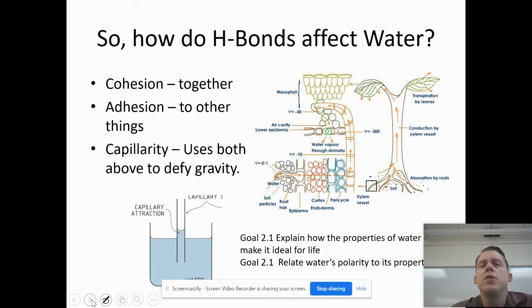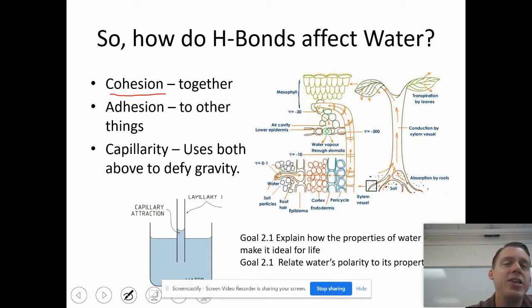So how do hydrogen bonds affect water? Well, it causes a few different properties. One is cohesion. That's a term to know. I'm underlining it. Cohesion is when water molecules like to stick to one another, like we just saw. Adhesion is when water molecules like to stick to other surfaces that are polar.